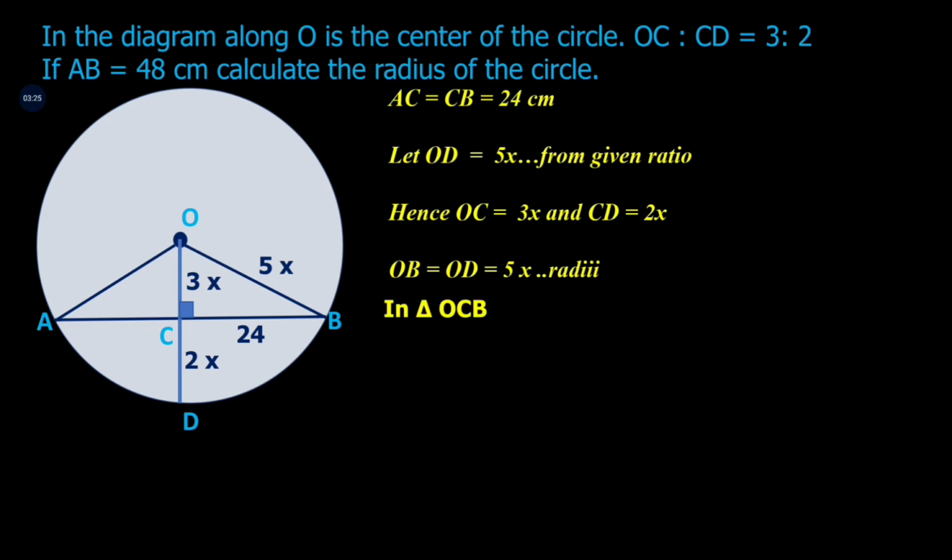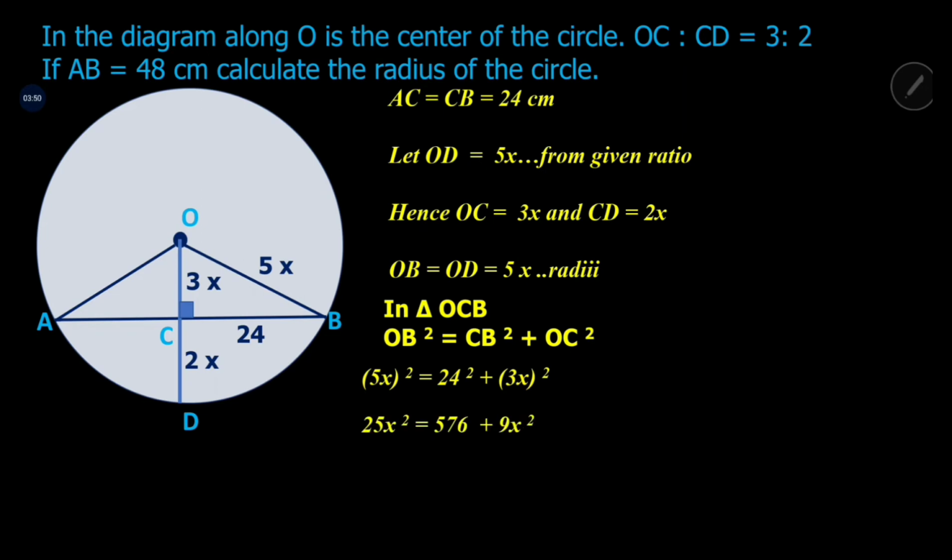So in triangle OCB, we can see that OB is the hypotenuse of this right angle triangle. So OB squared must be equal to CB squared plus OC squared. OB squared is (5x) squared, CB is 24, and we're going to square it, and then OC is 3x, we're also going to square that. Gives us 25x squared is equal to 576 plus 9x squared.